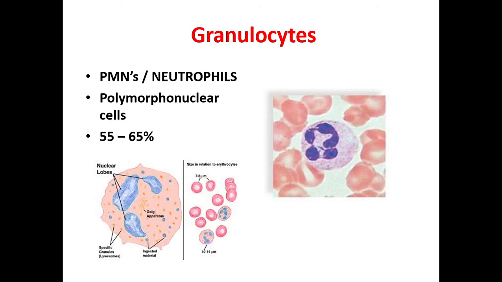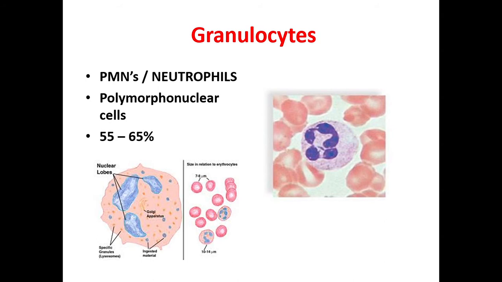Under the granulocytic series, we have the polymorphonuclear cells or PMNs, or simply neutrophils. So using the right stain, the granules of neutrophils are very fine azurophilic granules distributed throughout the cytoplasm.